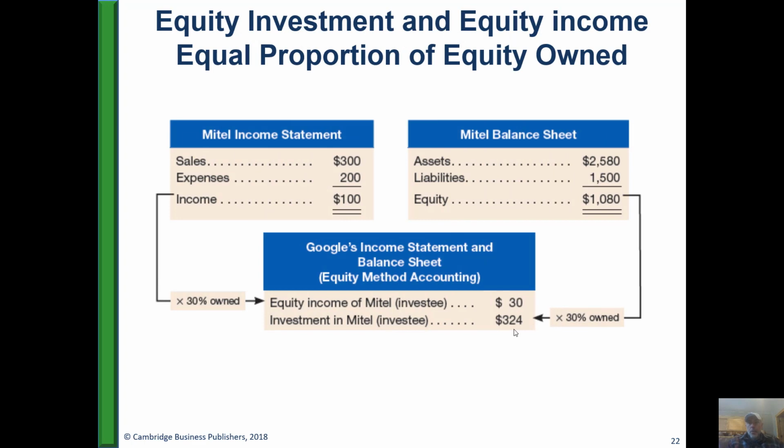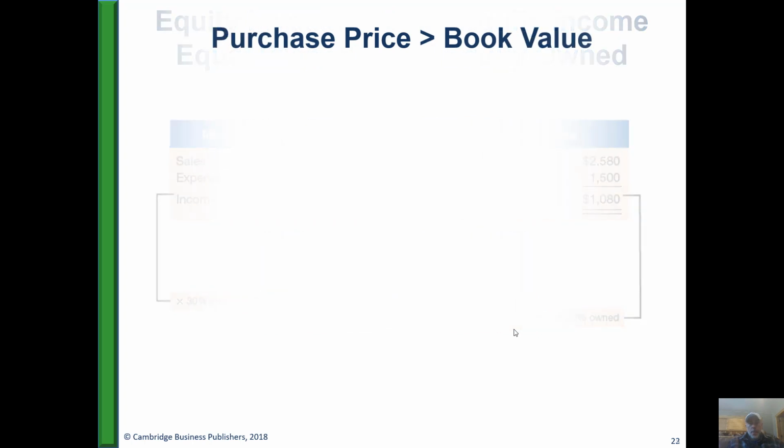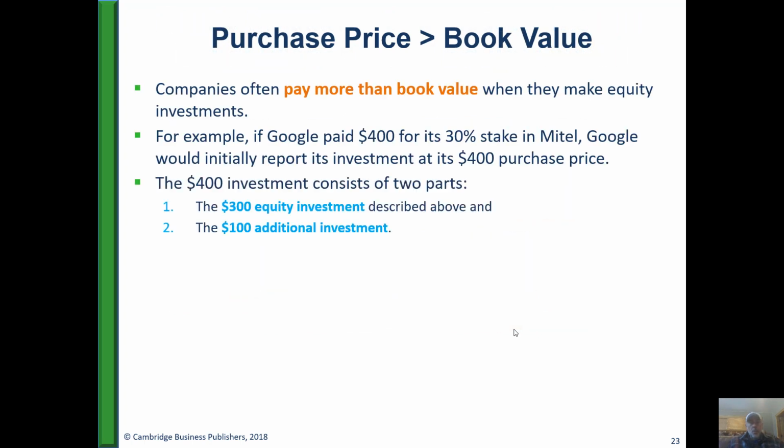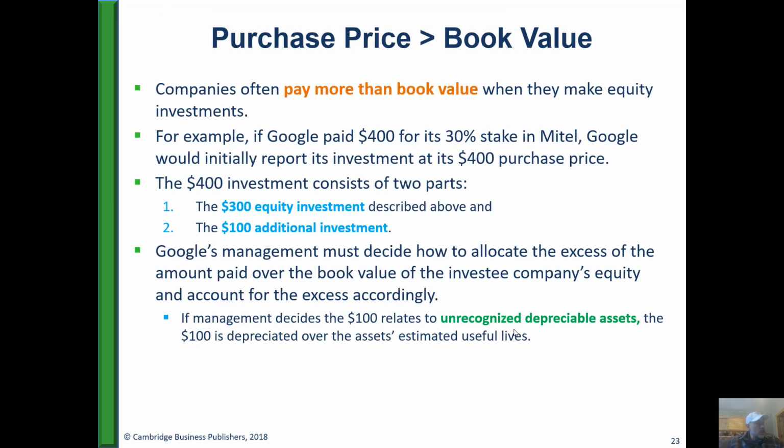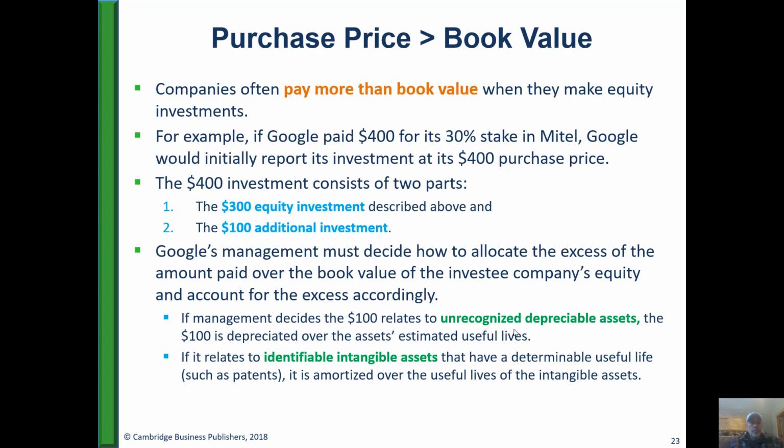Right here, Mattel had equity value of 1,080. So in this next example, let's assume that Google buys a 30% share in Mattel for something greater than 1,080. Let's say they pay $2,000 for a 30% interest in Mattel. Well, what's that look like for Google, and what's that look like for Mattel?